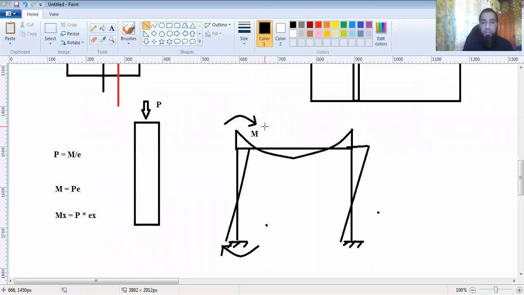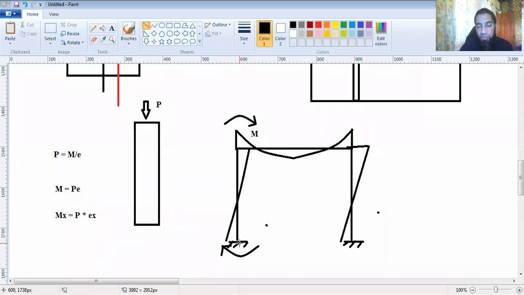The load is coming from the beam, which is unsymmetrically placed, and that's transferring the load eccentrically onto the column. That generates moment M, or Mx, here at the top, and then there is a reaction at the support to this moment, which is transferred. That could be M or less than M, depending upon the rigidity or fixity of this support.